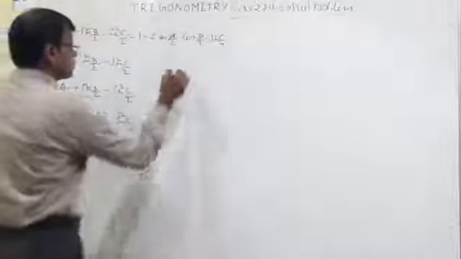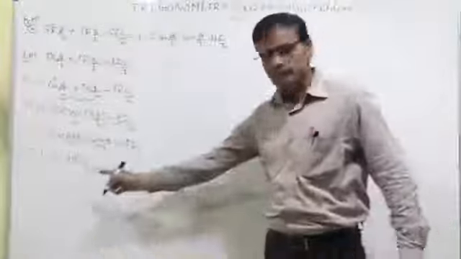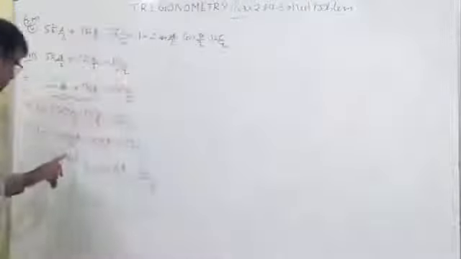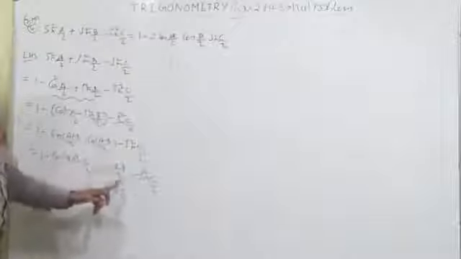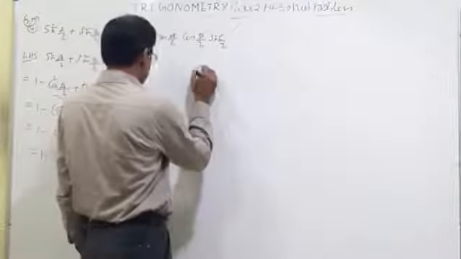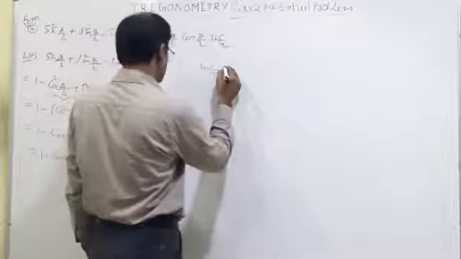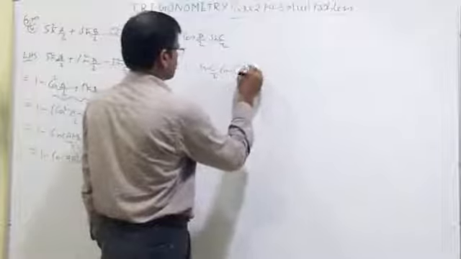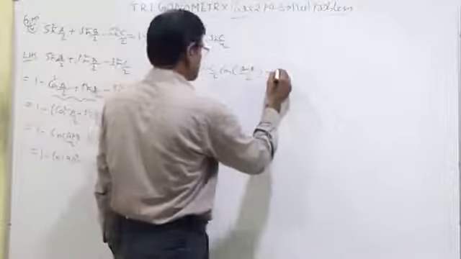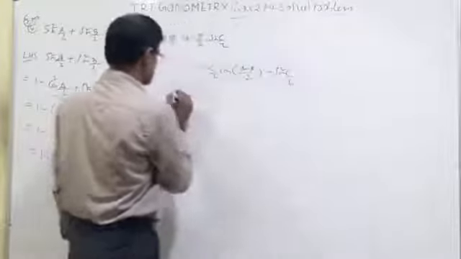That is equal to 1 minus cos(90 − θ), which now becomes sin. So 1 − sin(C/2) cos((A−B)/2) minus sin² C/2.